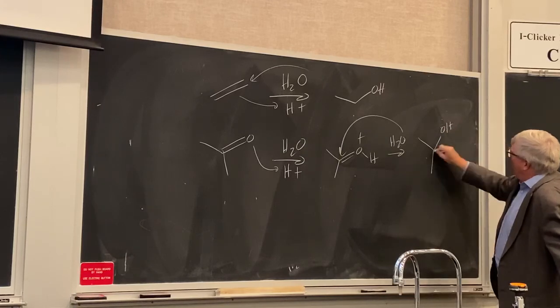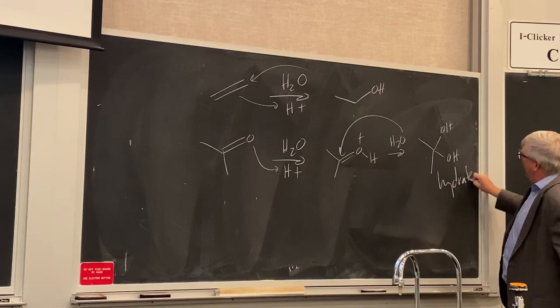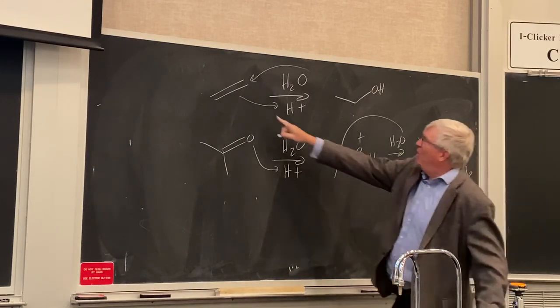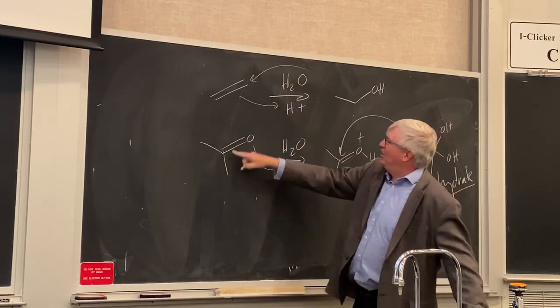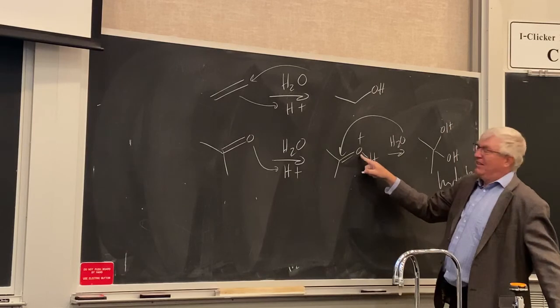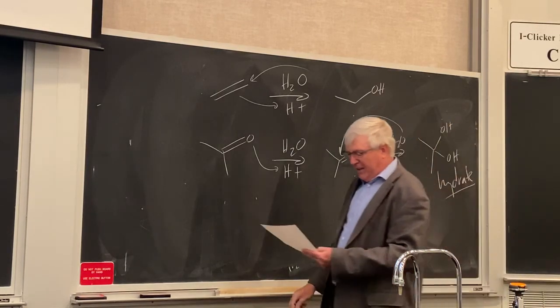Then we're going to have to lose a proton there, but that's the hydrate. That's one of the key reactions here in 21. But notice the similarity. Here we're protonating the pi bond, just like here, but we're protonating on oxygen, right, to give more nucleophilic attack at that spot. That's the key thing here.